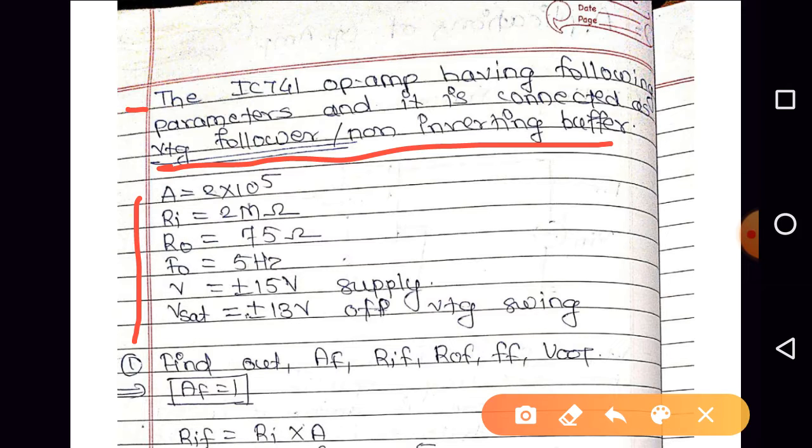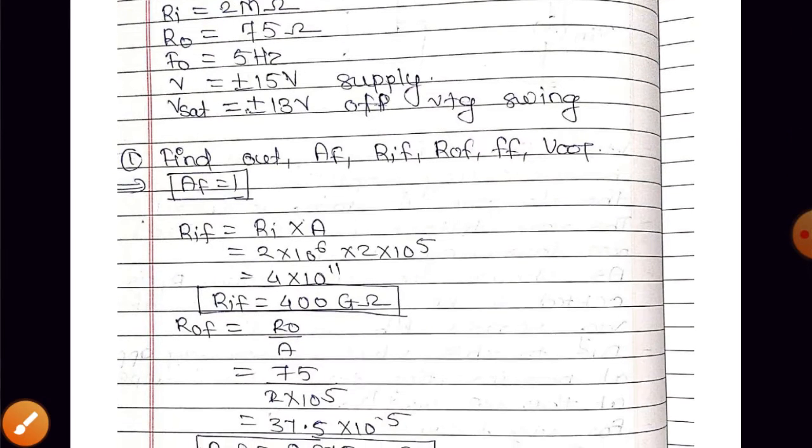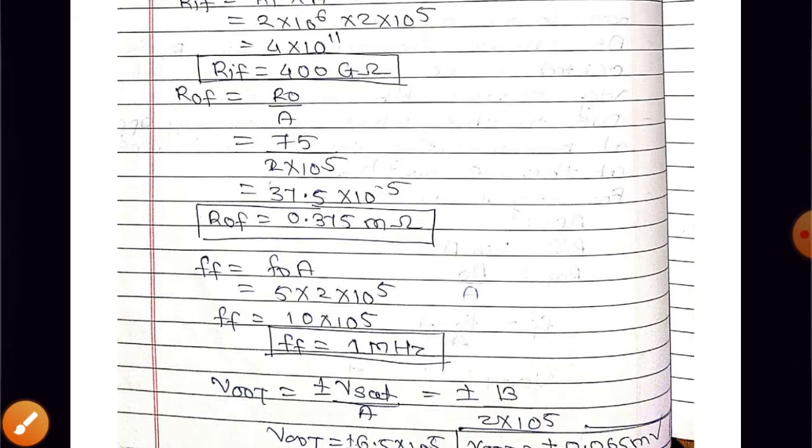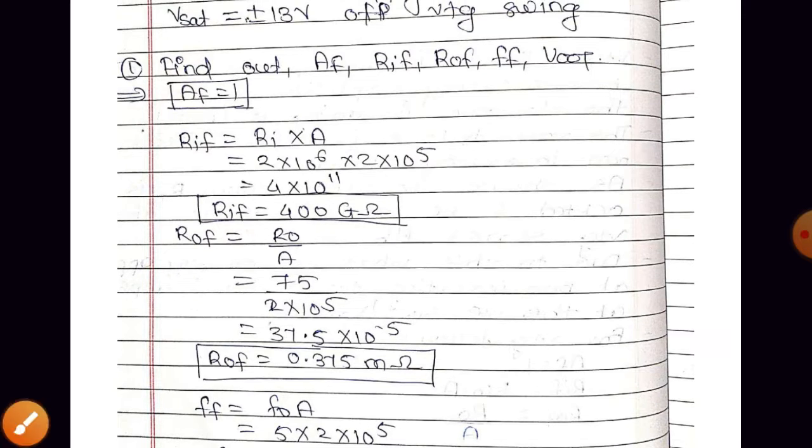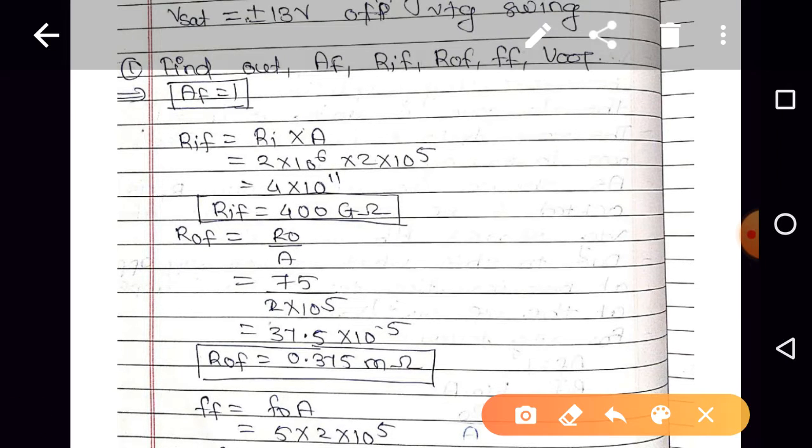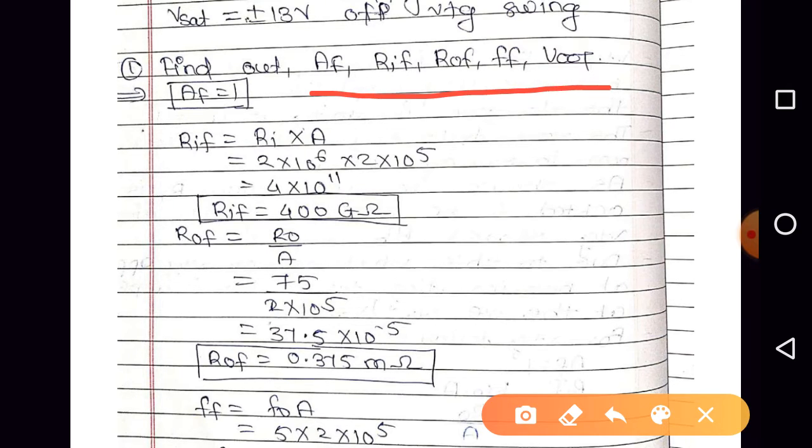Vsat is equal to plus minus 13 volt output voltage swing. You have to find out these parameters. Already we have the formula for each one: AF, feedback gain, RIF, ROF, FF, and VOT. Yes, just you have to put the values.